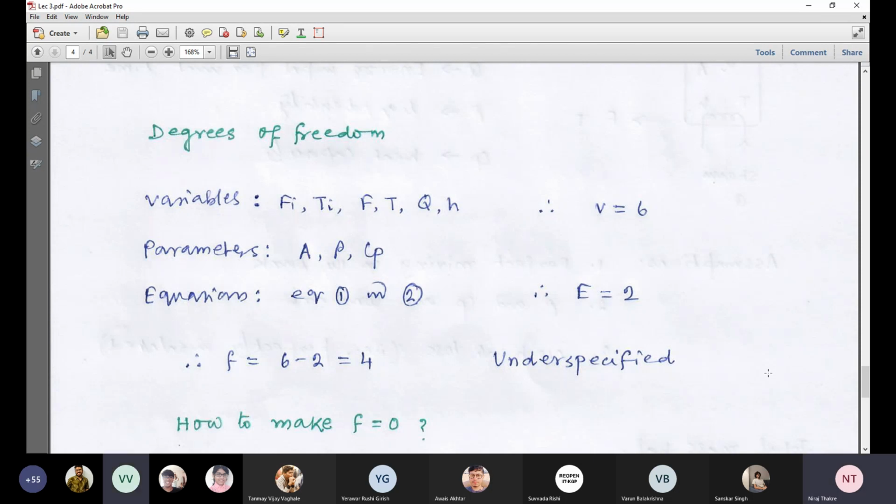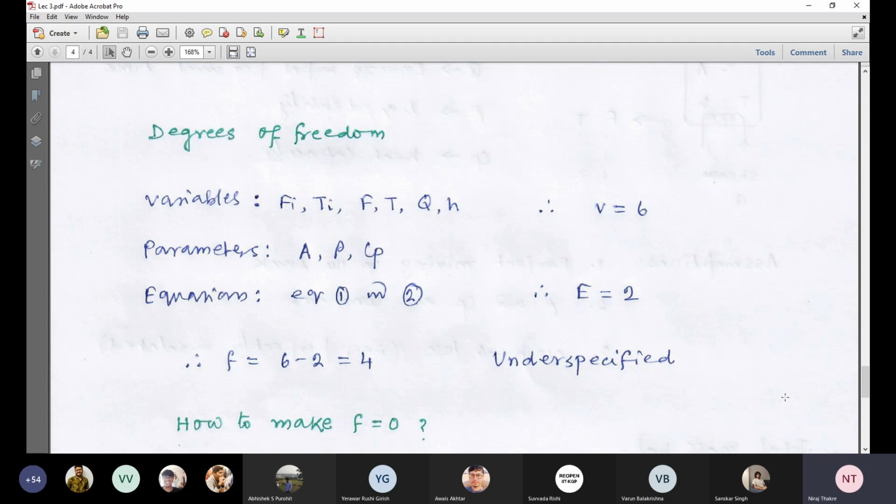Sir, we can specify the disturbance variables, namely Fi and Ti. Yes. Fi and Ti we can measure, no? Yes, correct. What's your roll number? 19CH10002. Yes.